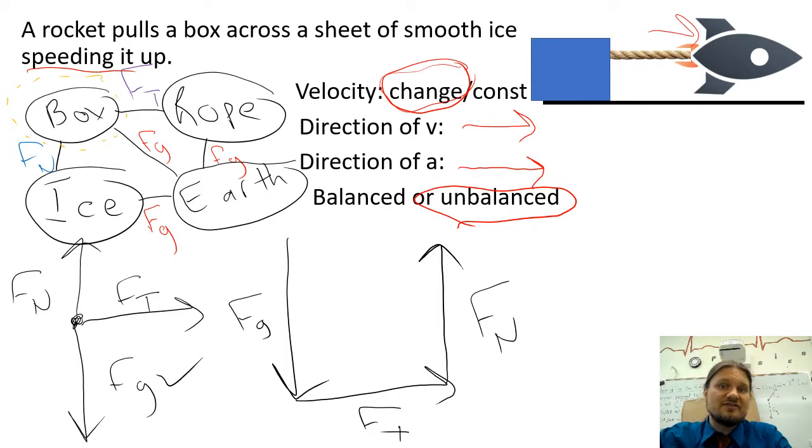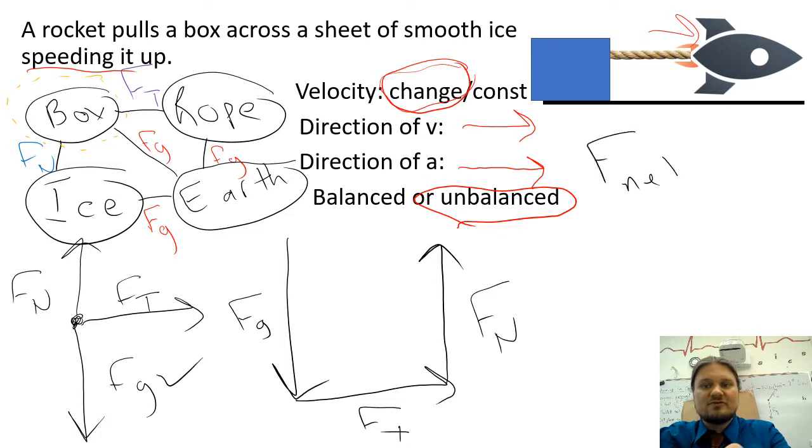Now the next thing I need to add is a vector showing the net force. The net force is the overall leftovers. It's the overall effect on the object, or the sum of all the forces. To figure out the direction of the net force, I look at the direction of the acceleration. That's why it's important to get that out beforehand.